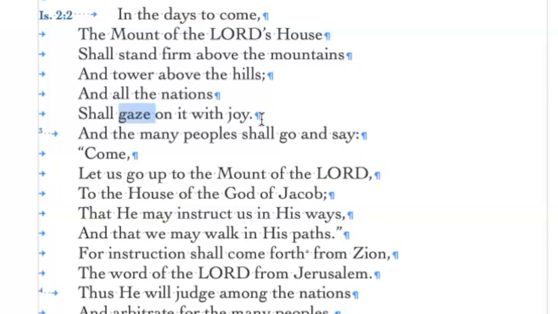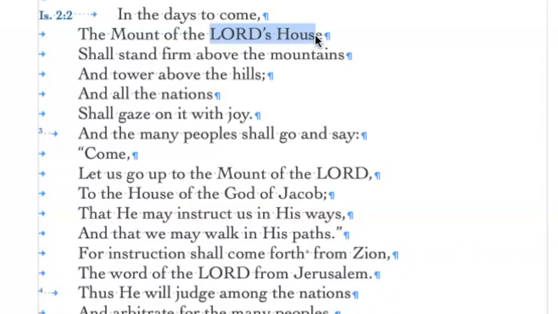But the essence here, whether they're gazing on it or streaming to it, what is the center of our focus here? The Lord's house. Now, to understand what the Lord's house is, what we call in English the temple, in the biblical construction of the idea, and we'll see it explicitly in Isaiah chapter 6, God's own divine self is thought of as residing somewhere up yonder in heaven in a temple, right?